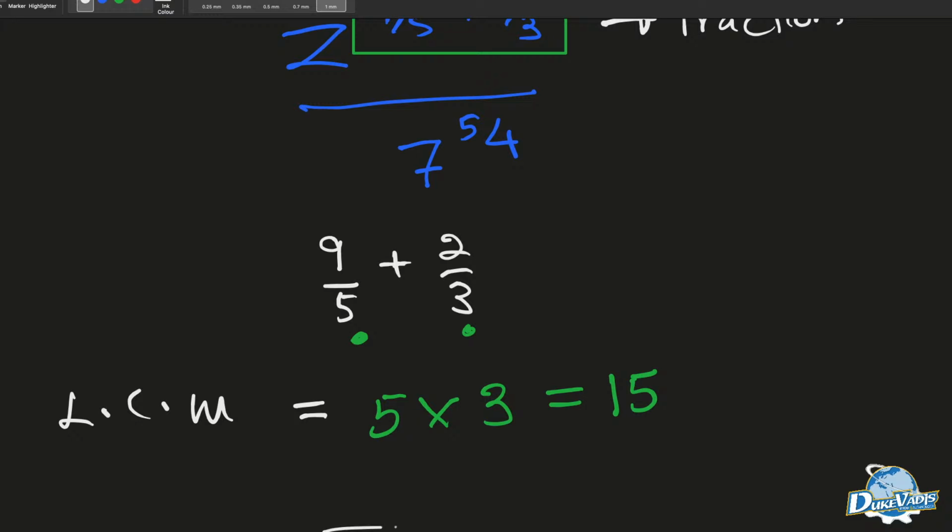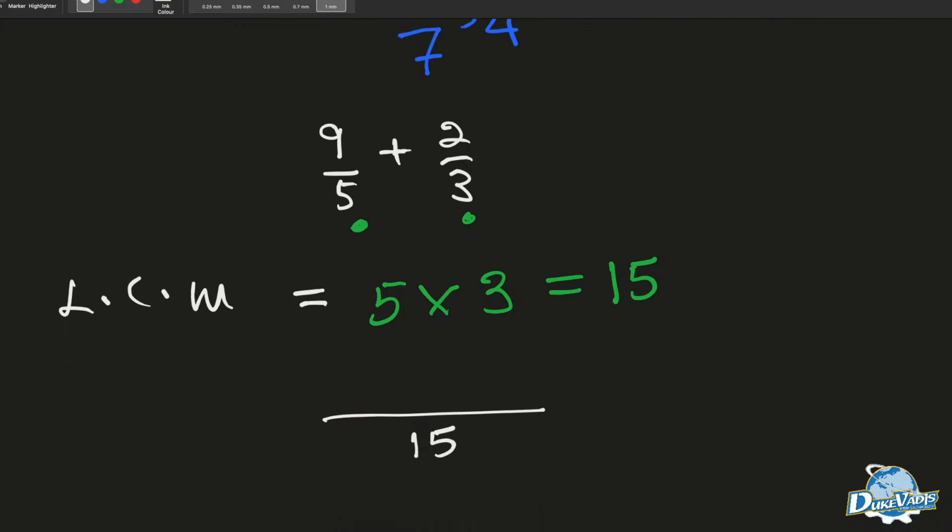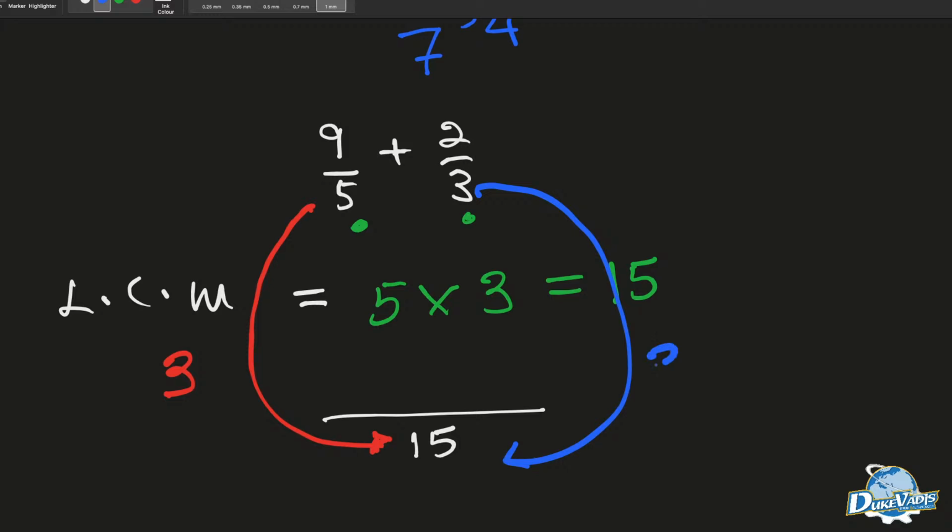So we say this divided by 15. Now we know that 5 goes into 15 3 times, and 3 goes into 15 5 times.